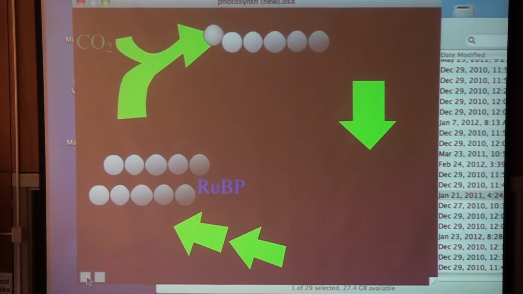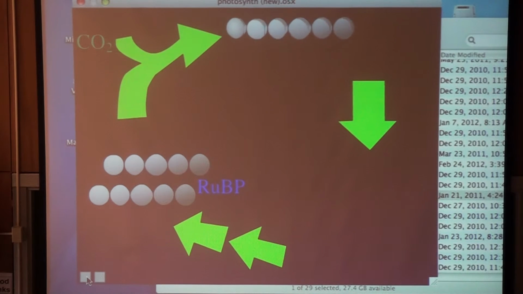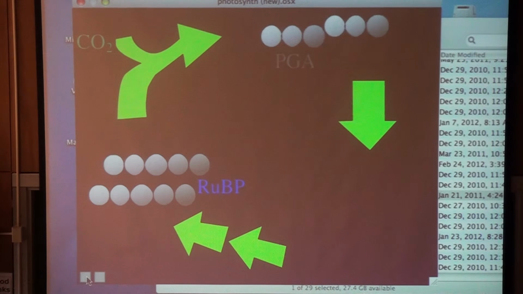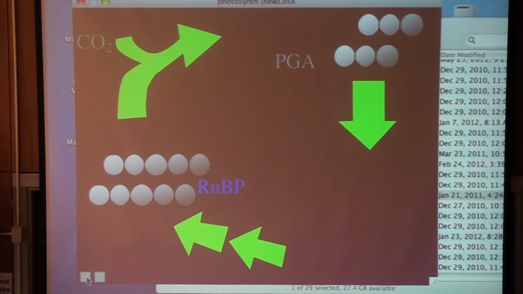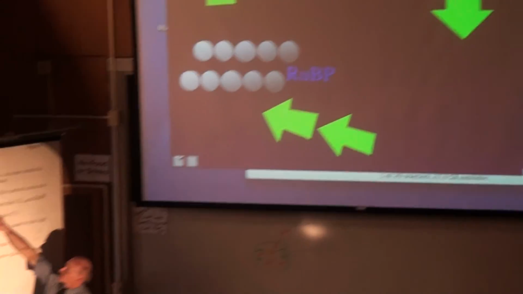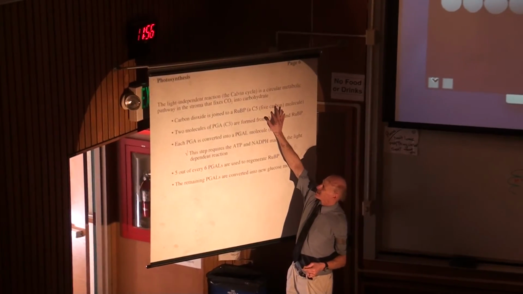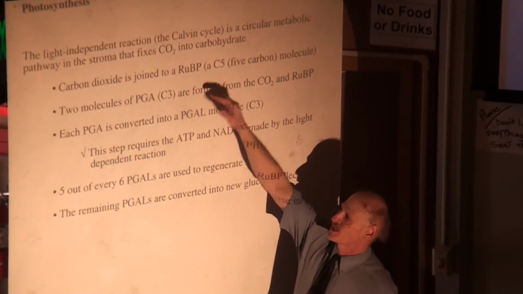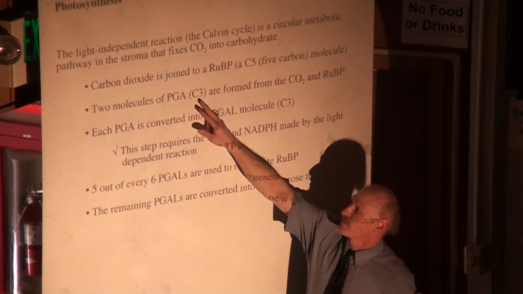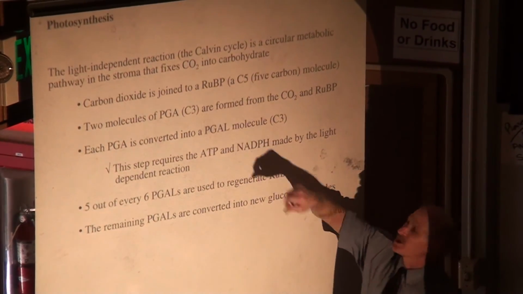For a brief moment, there was a 6-carbon molecule right there, but that 6-carbon molecule is extremely unstable and breaks apart almost instantly into 2 molecules of phosphoglyceric acid, this PGA. So essentially the carbon dioxide is fixed onto 1 RuBP, but instead of getting a 6-carbon or a C6 molecule, it almost instantly breaks apart into 2 C3 molecules, these 2 PGA molecules.